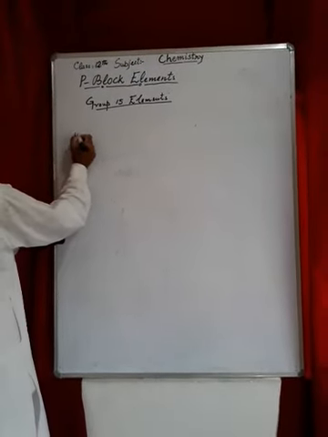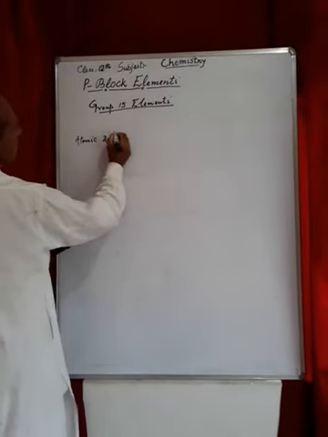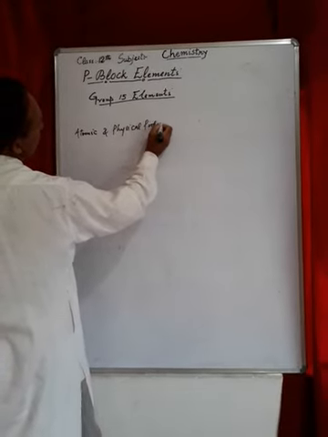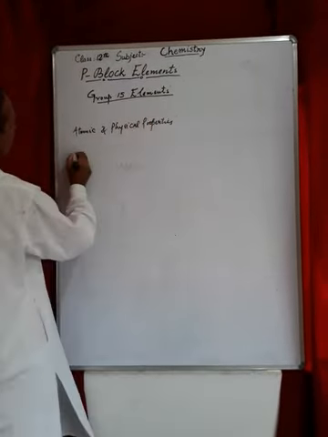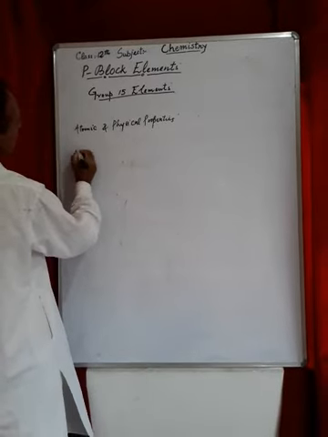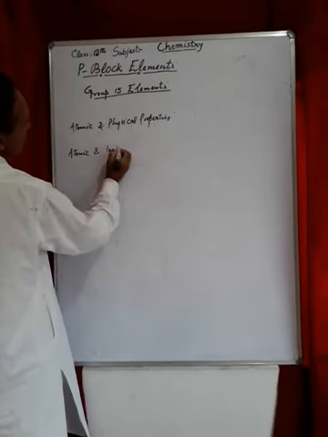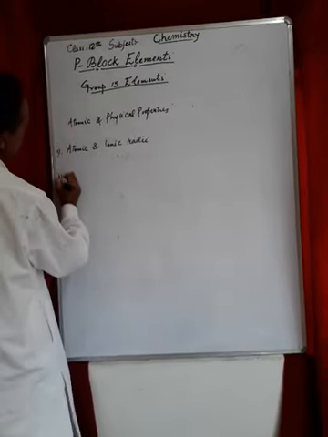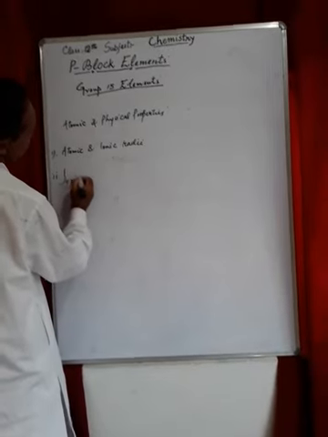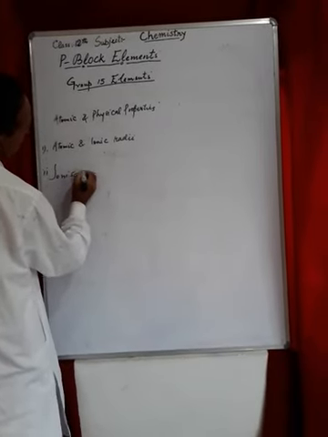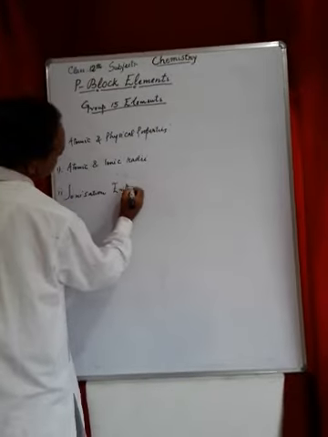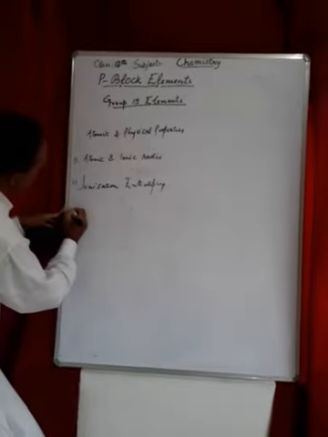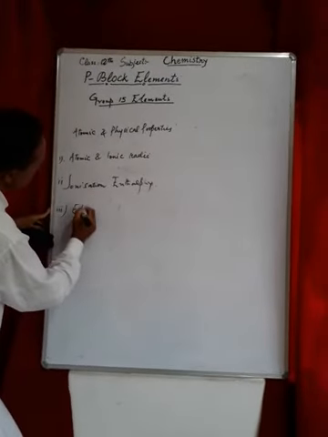Atomic and physical properties. First is atomic and ionic radii. Second is ionization enthalpy, and third is electronegativity.